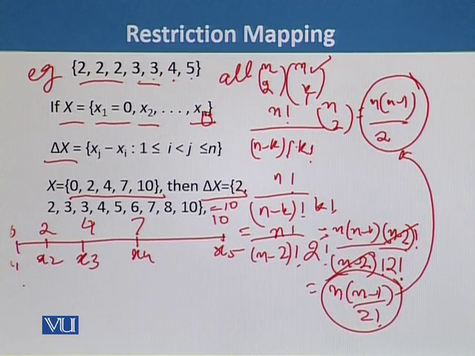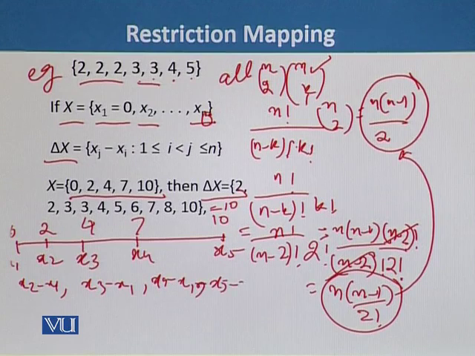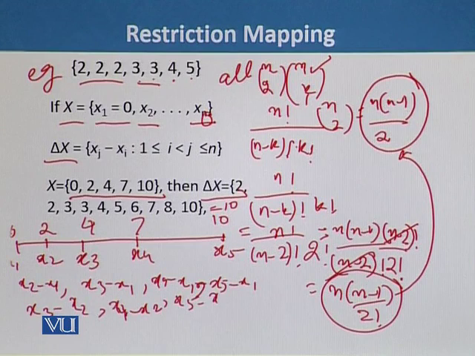And we can calculate like this: x2 minus x1, x3 minus x1, x4 minus x1, x5 minus x1, x3 minus x2, x4 minus x2, x5 minus x2, x4 minus x3, x5 minus x3 and x5 minus x4.